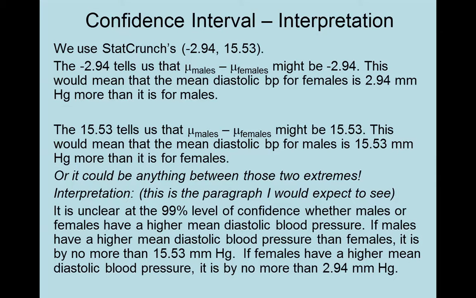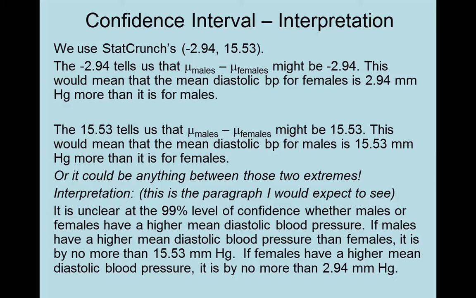So we're going to use the negative 2.94 to 15.53 interval and then think about what each of these endpoints tells us. Negative 2.94 is the answer to mu for males minus mu for females, at the one extreme end. So what does that tell you?